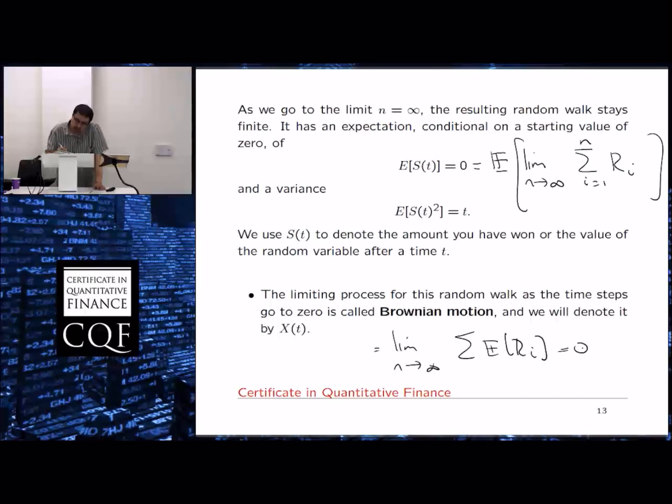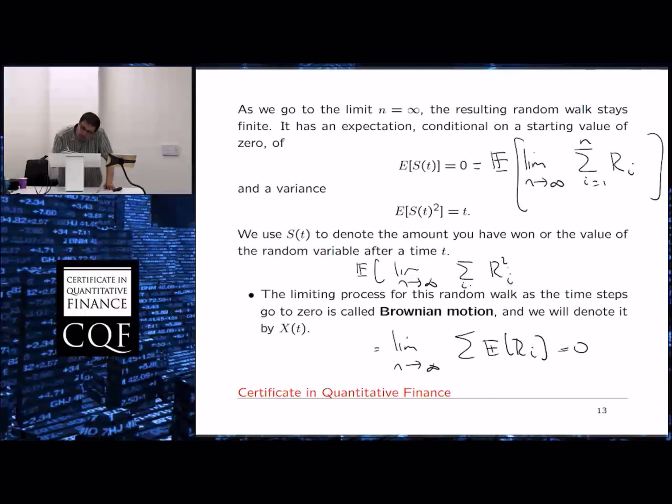The second one, I'm going to do over here. It's just a case of trying to squeeze it in. This is equal to the expected value of the limit as n tends to infinity of the sum of R_i squared, i goes from 1 to n.